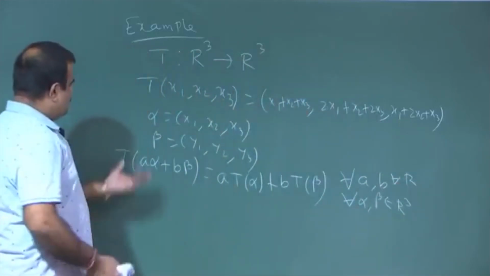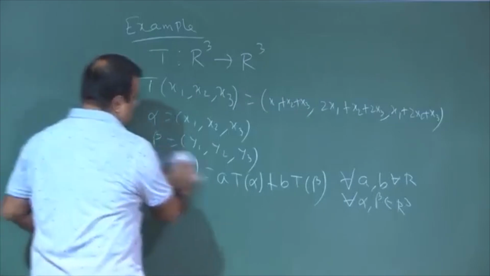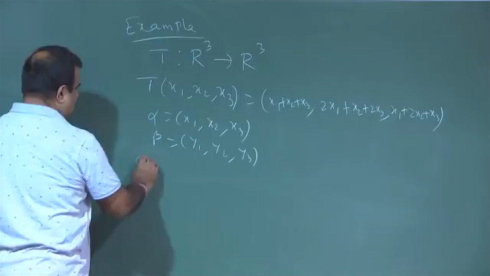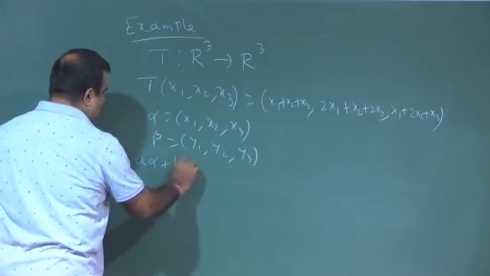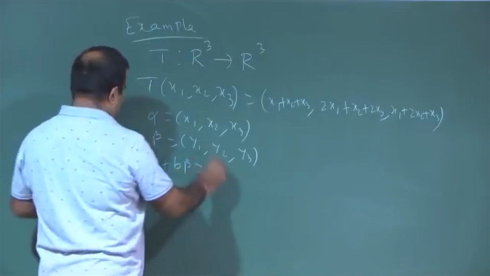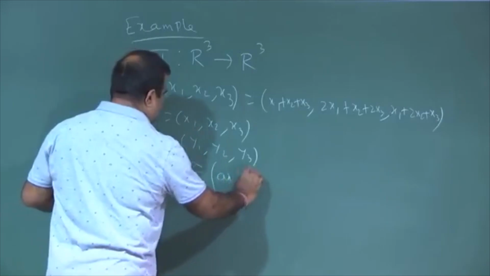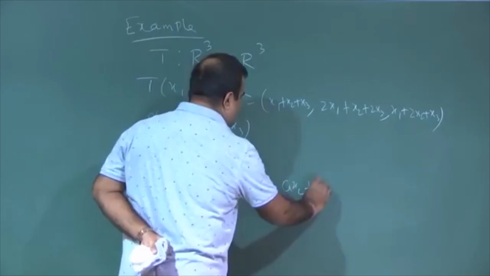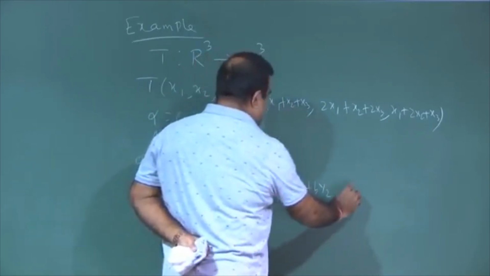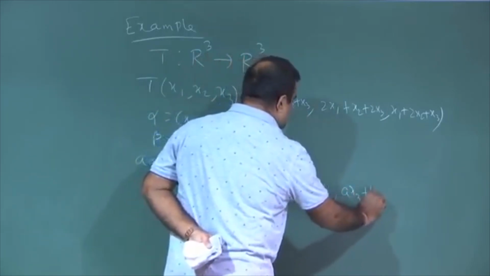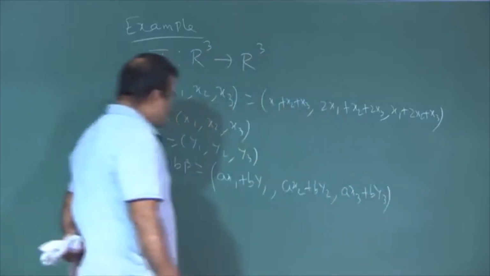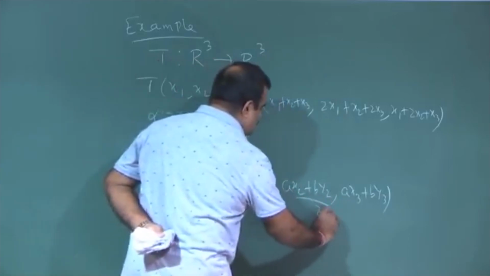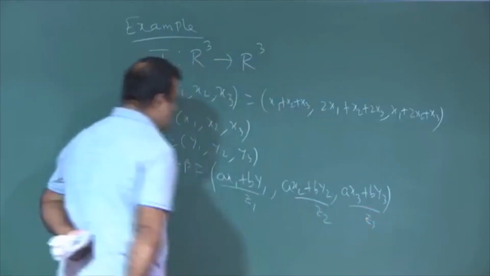This we can try. We just have to compute what A alpha plus B beta is. This is nothing but A x1 plus B y1, A x2 plus B y2, A x3 plus B y3. We can call this z1, z2, z3.